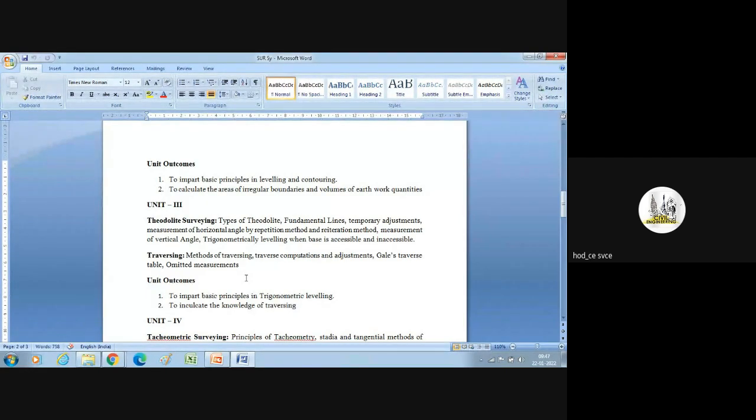Next, coming to the omitted measurements. Omitted measurements means here you have one of the traverses, right? How we are going to traverse the section means, if you know the angle as well as distance, then only it will come to a closed traverse.